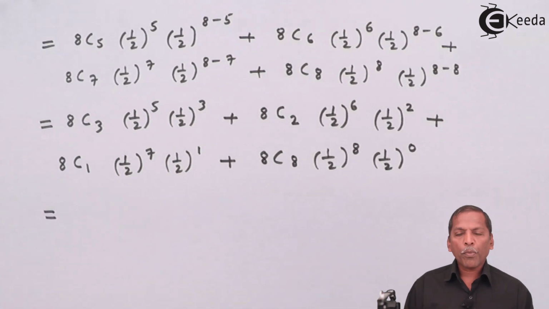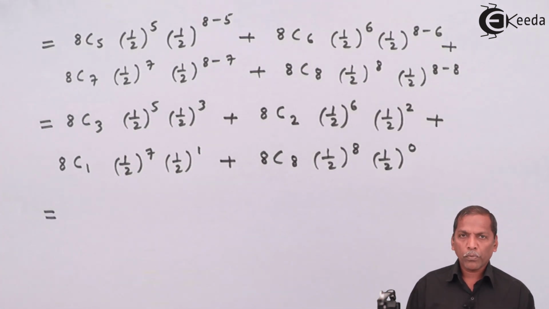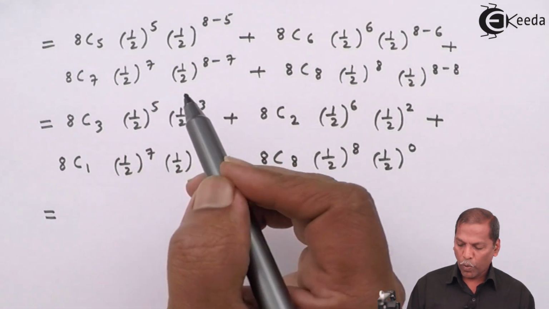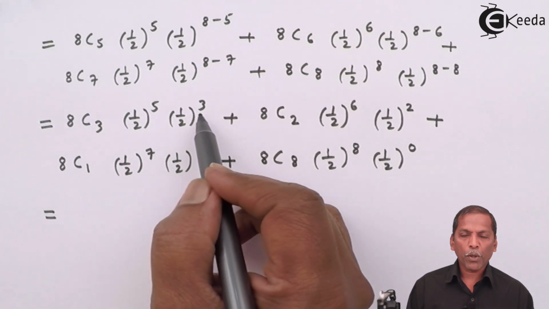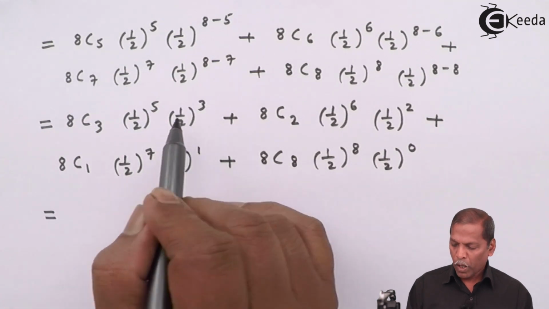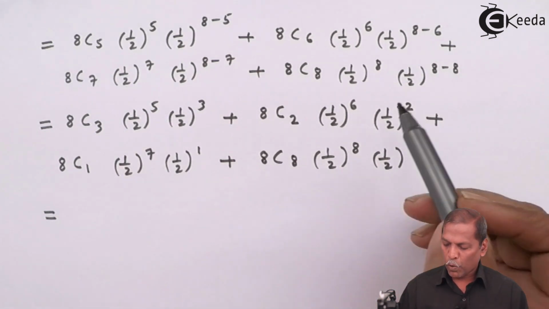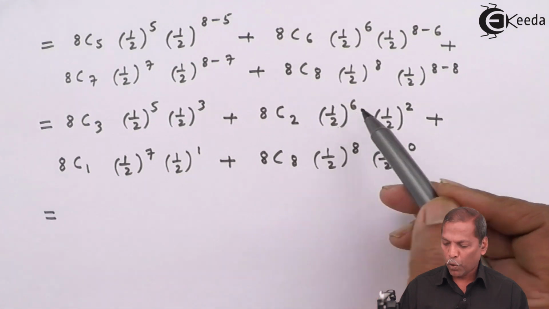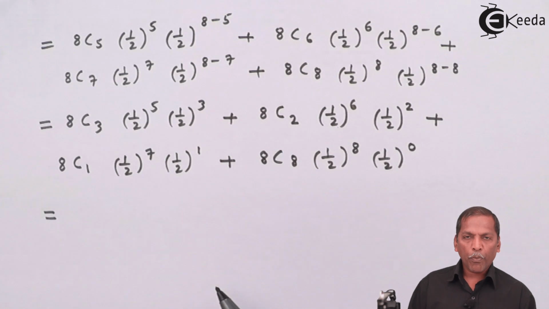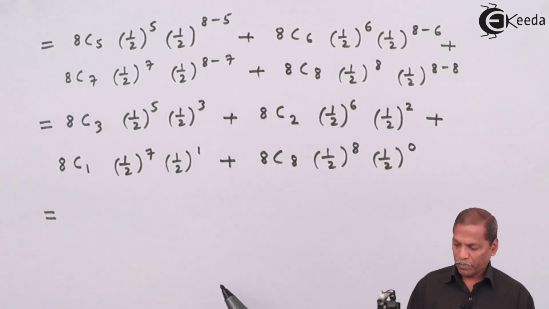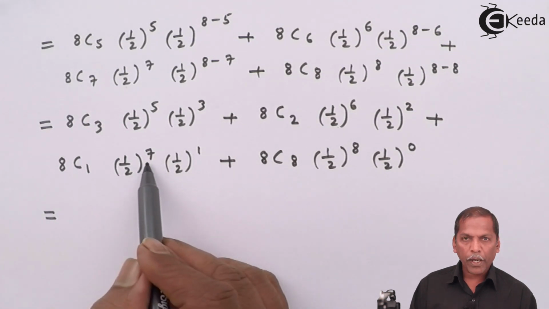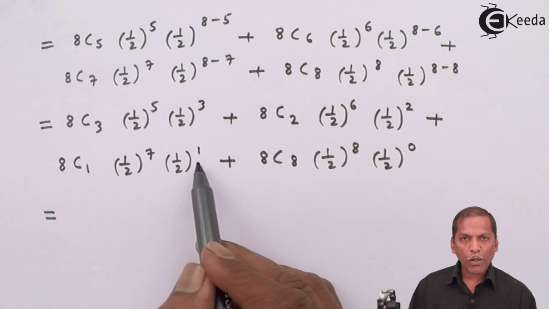Now here we observe the power of 1/2. In the first, (1/2)^5 into (1/2)^3. So by using the indices rule here, we get (1/2)^8. Similarly, in the second part also (1/2)^6 into (1/2)^2, so we get totally (1/2)^8. Similarly, in the third case also (1/2)^7 into (1/2)^1.